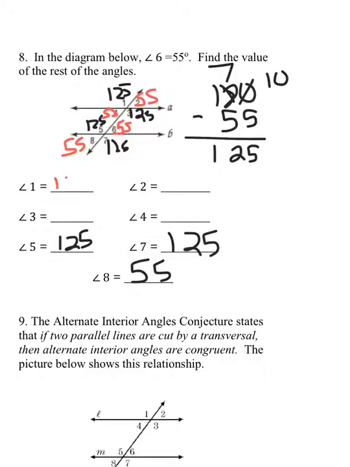So then 1 is 125, 2 is 55, 3 is 125, 4 is 55.